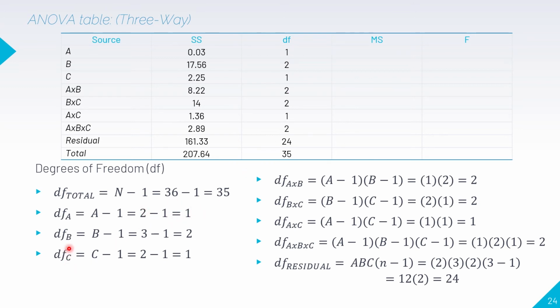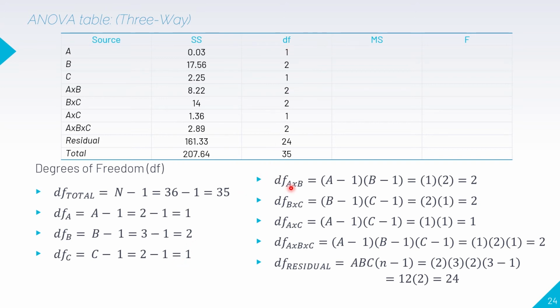Our dfB is equal to b minus 1. We have 3 for b, the socioeconomic status, minus 1, we have 2. Our dfC is c minus 1, which is 2 minus 1 because we have 2, the employed and the unemployed. Now it is equal to 1, so we put it here.